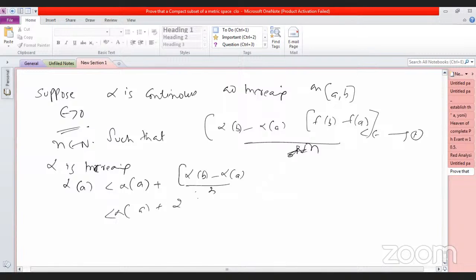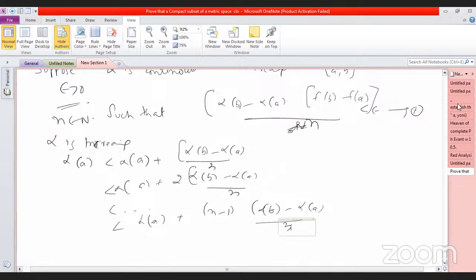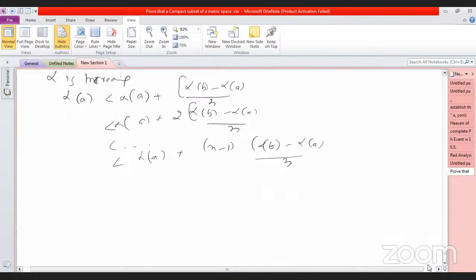We are writing the conditions together: 1, 2, and then taking 2 times alpha b minus alpha a by n, and then 3 times, and so on, up to the nth condition, n minus 1 times alpha b minus alpha a by n: 1, 2, 3, 4, and so on, up to alpha b. So therefore alpha a plus n times alpha b minus alpha a by n.